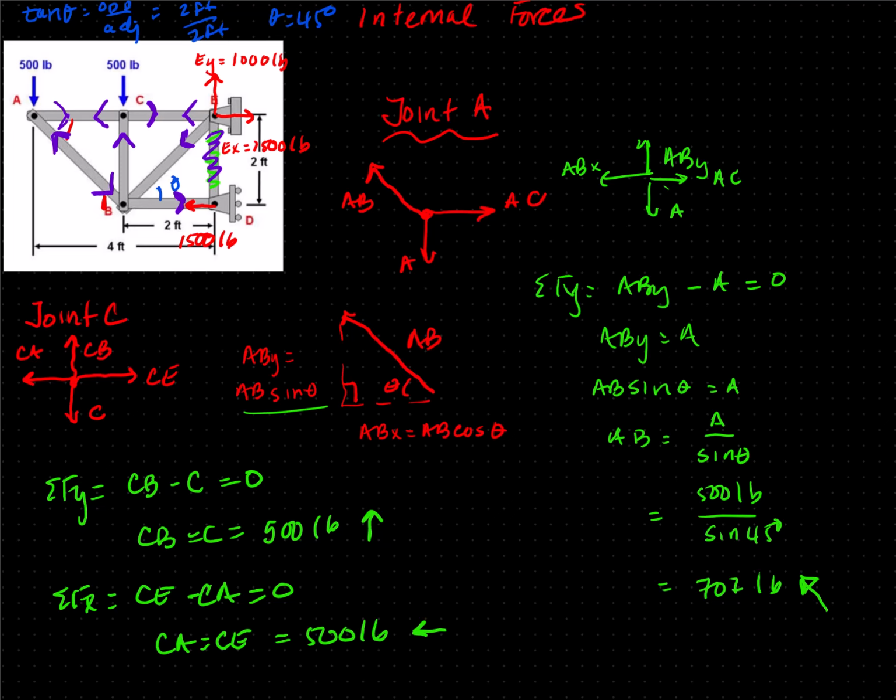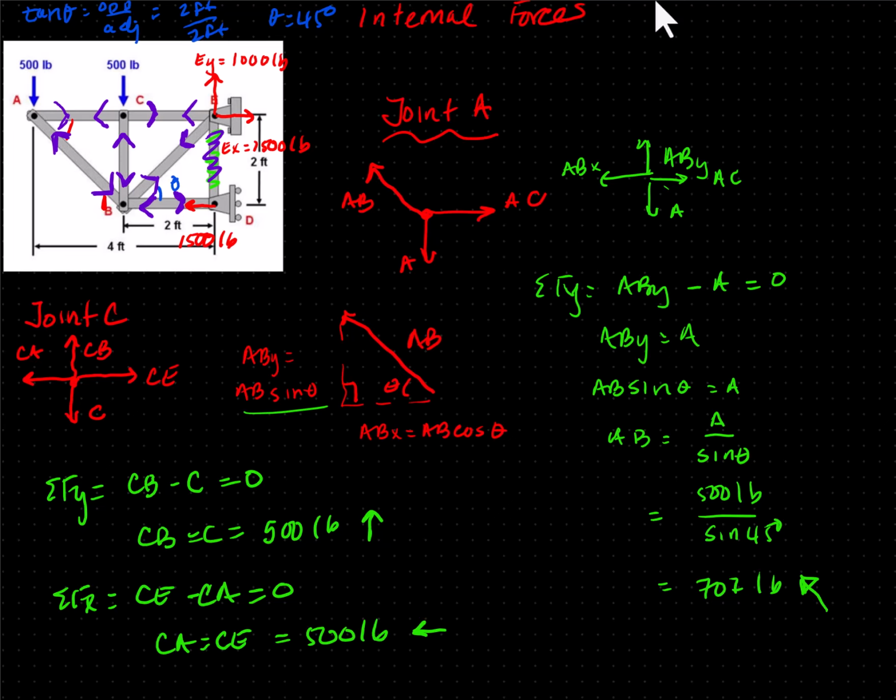And at B, my BC is going to go down, opposing joint C. My BE is going to go up to oppose joint E. And then my BD is going to go to the left to oppose DB.